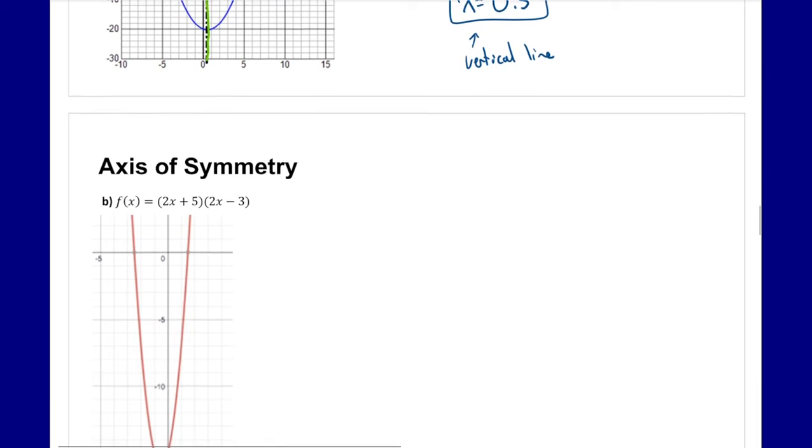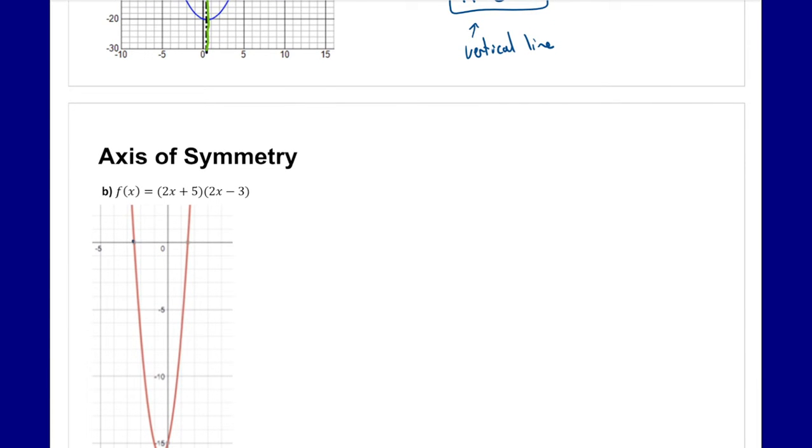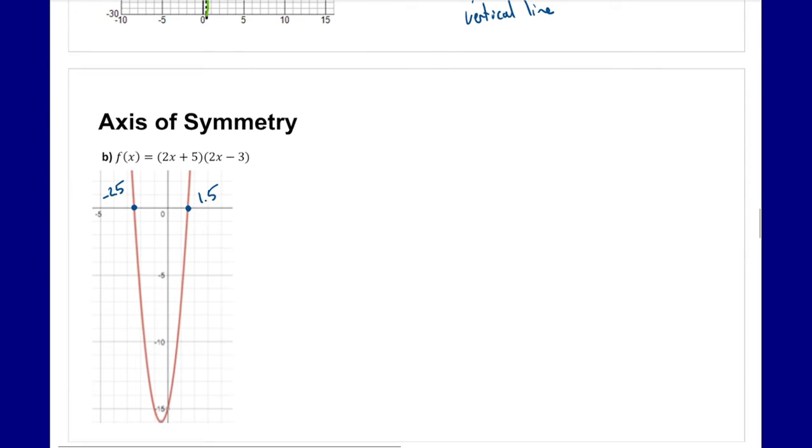So let's try it with the second one. We have our two x-intercepts, negative 2.5 and 1.5. Let's try to find our middle value. What is this imaginary vertical line that goes between them? Negative 2.5 plus 1.5, we add them together and divide by 2. If we add those together, we get negative 1, divided by 2, which equals negative 0.5.